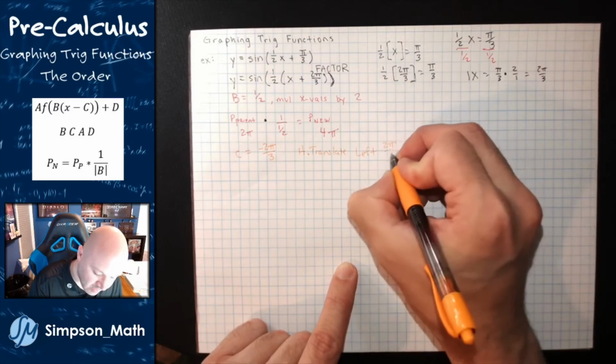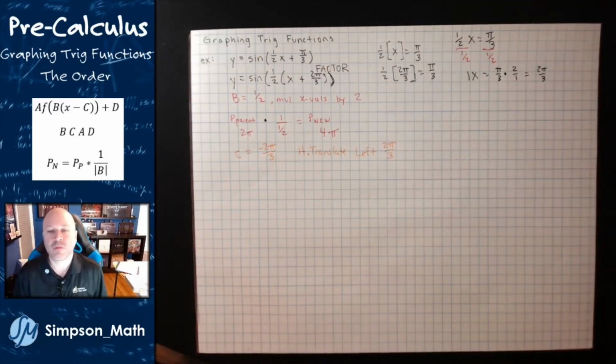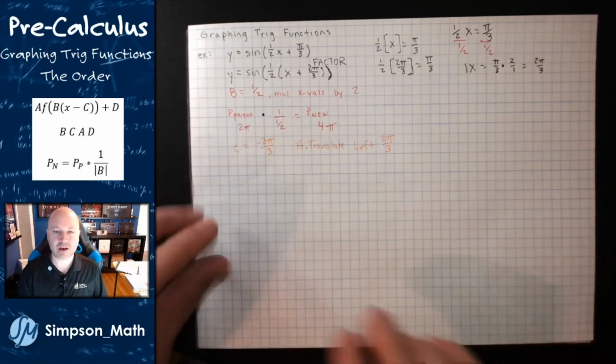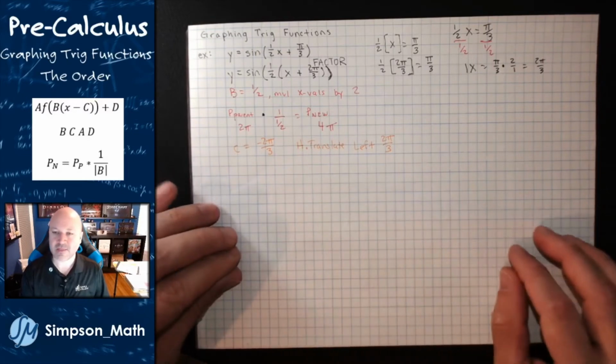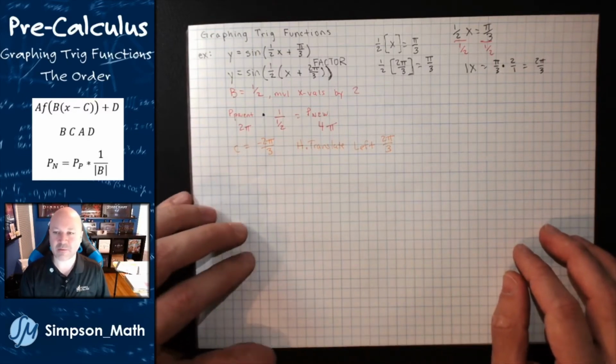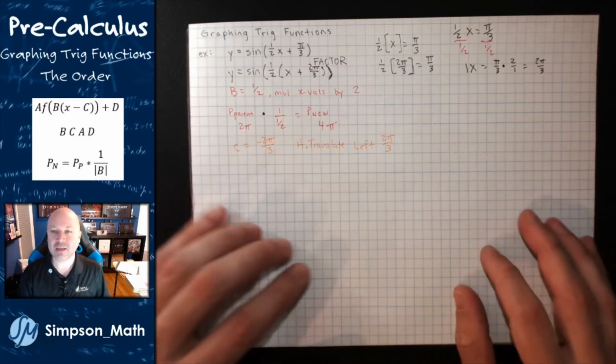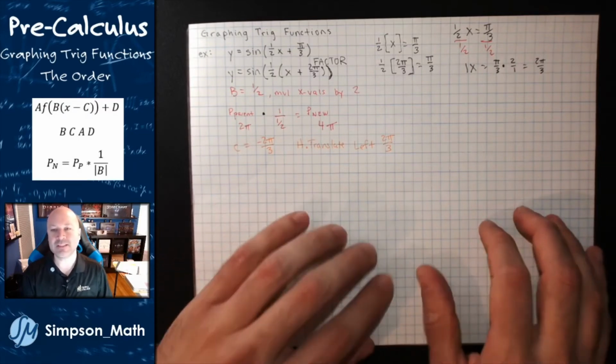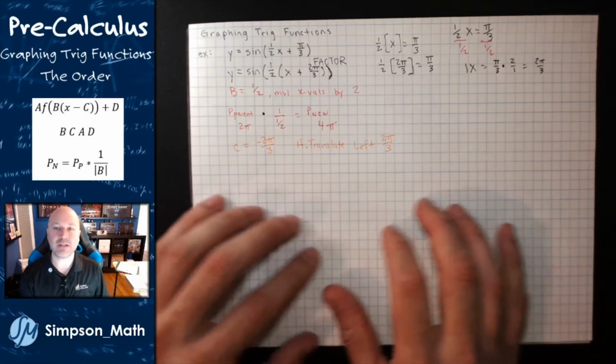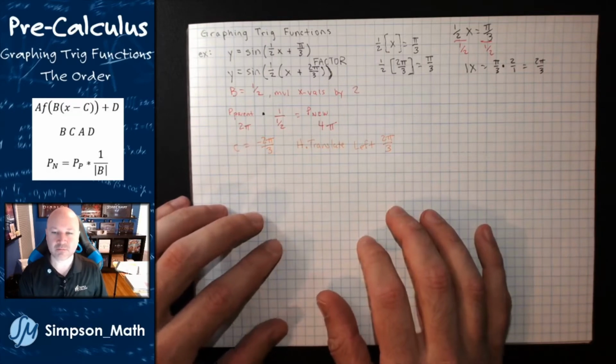Two pi thirds. All right, I think I'm good. I'm going to graph a sine wave that has a period of 4 pi, get those pretty points on there, and then see if I can translate them left 2 pi thirds.